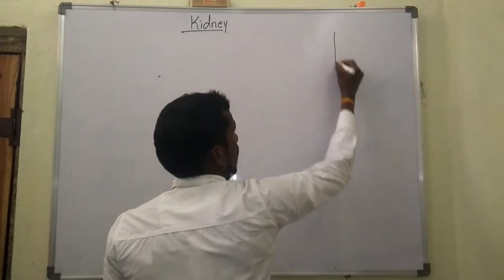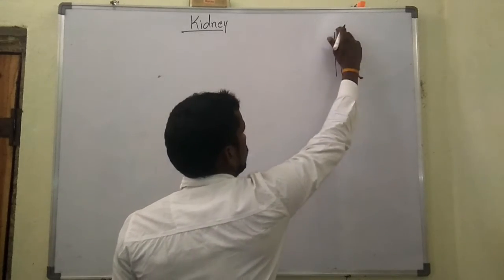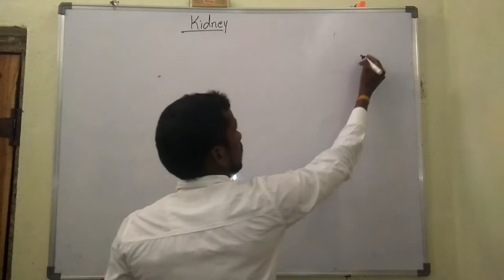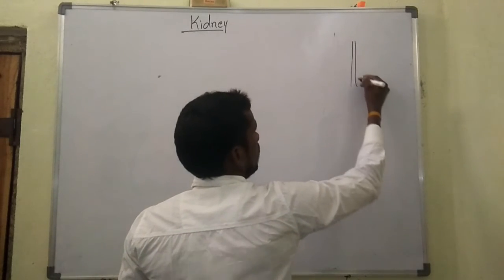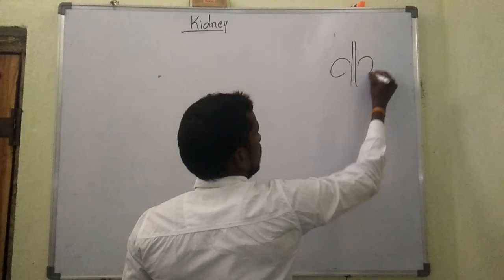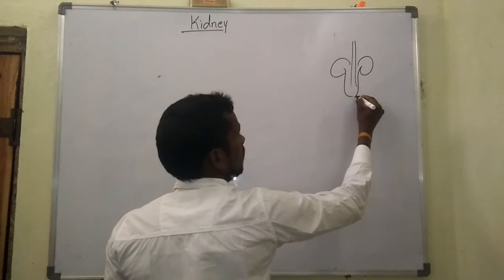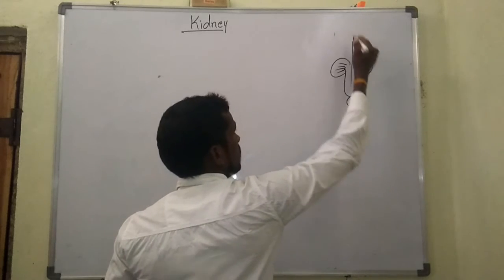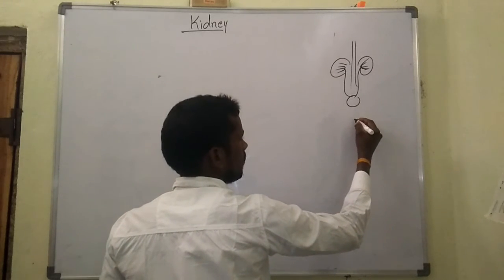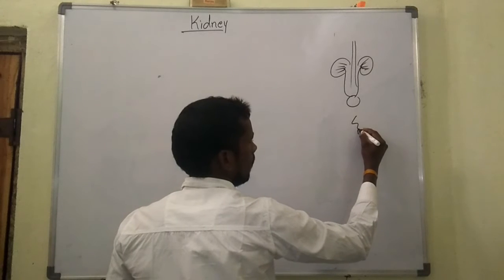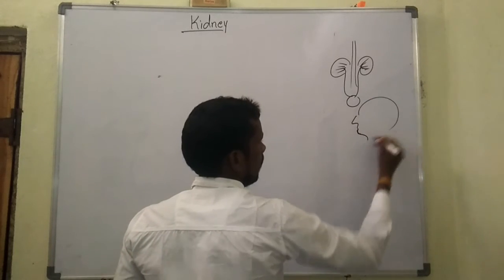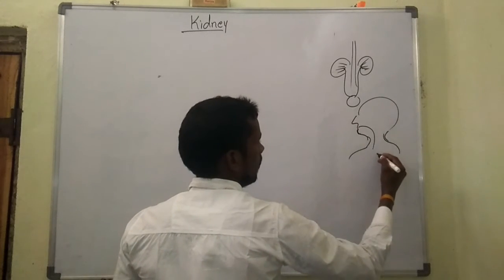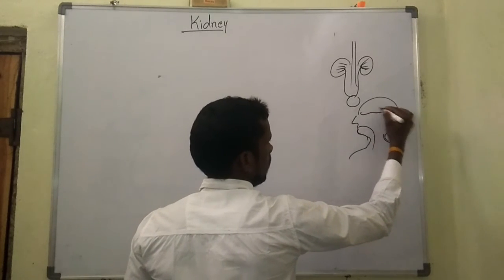So each kidney has, this is your example. Like that kidneys. This is the dorsal body, back side. Like that, this backbone.